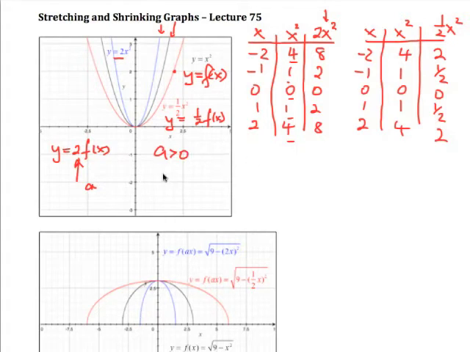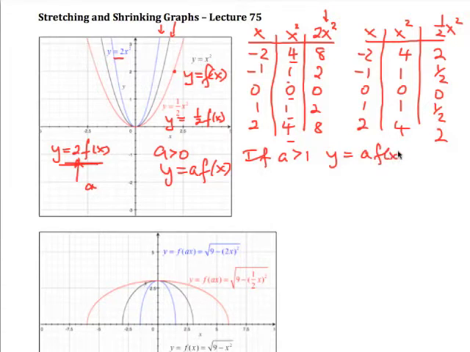Then what happens to y equals a of f of x in general? Now, when we had a 2, we need to look at now what happens if it's actually greater than 1. So if a is greater than 1, like in this case, then y equals a of f of x, you can see here, is actually being vertically stretched because it's got narrower, so we've stretched it up vertically.